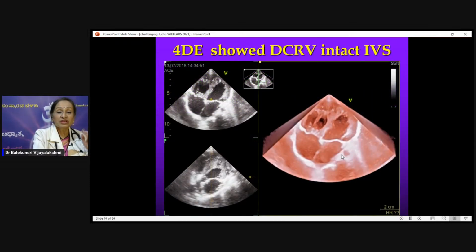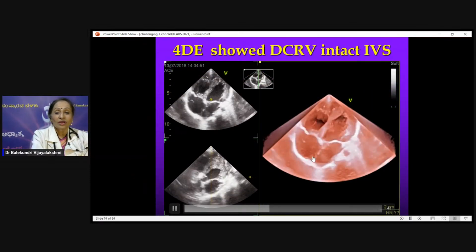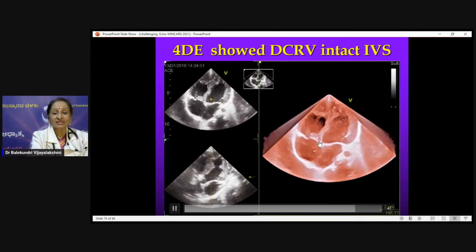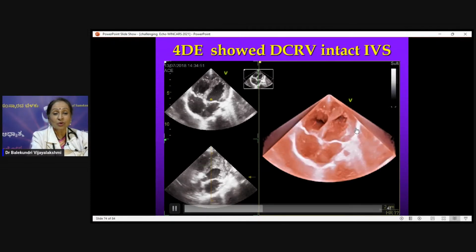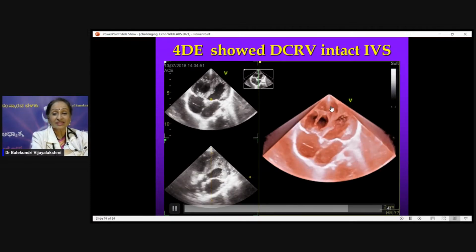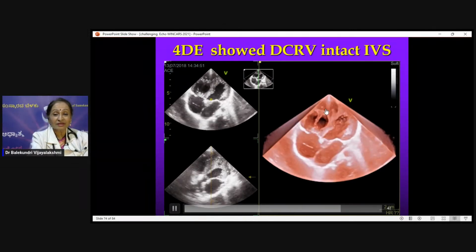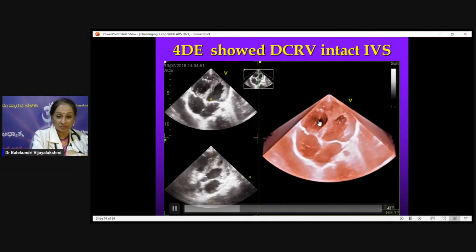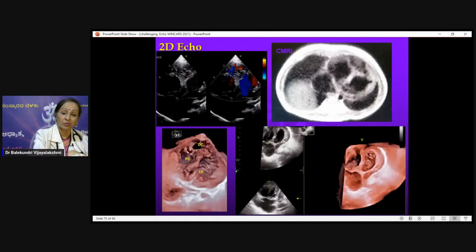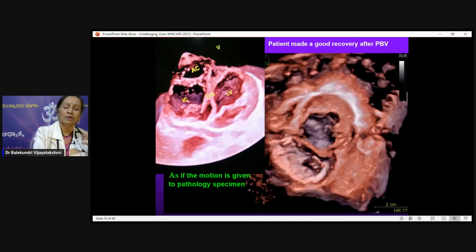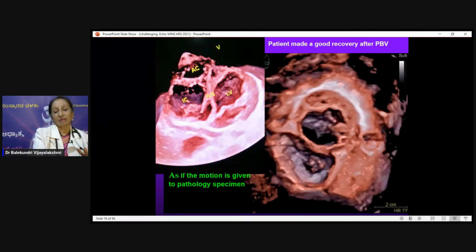But to be sure, I did the 4D echo. Here you can see that the interventricular septum is intact. There is no VSD, and you can see that this is the thick thing which is dividing the right ventricle into two chambers. And then we did the balloon dilatation, and literally the 4D echo is like seeing into the heart live.